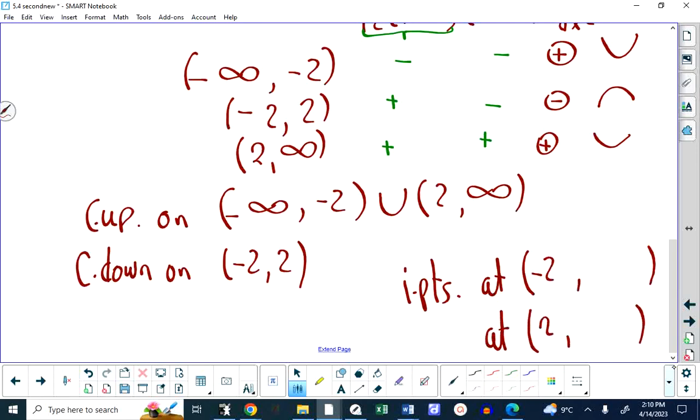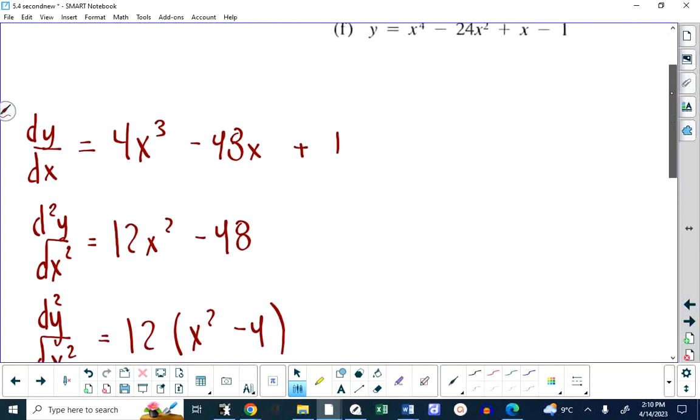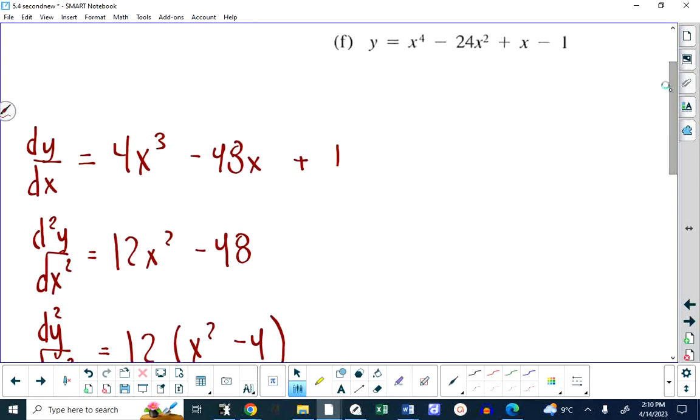Just to complete this, I'm going to put positive 2 into the original function and ask you to do the same thing. Oh, yuck. 16, 17, 18, 17. I want to say negative 79.